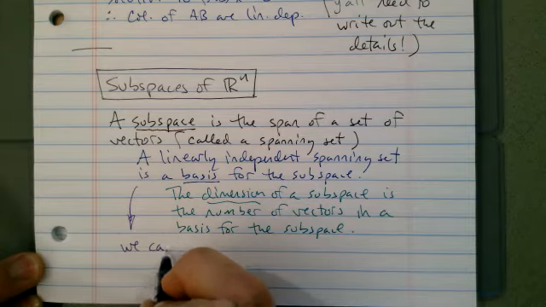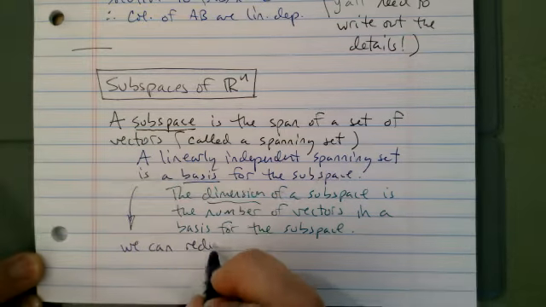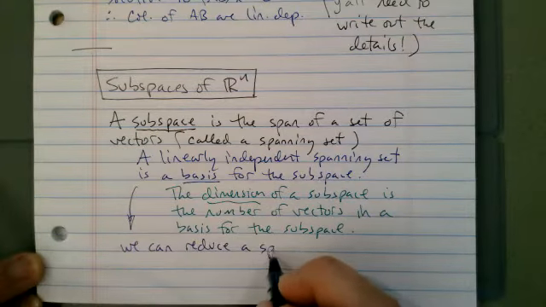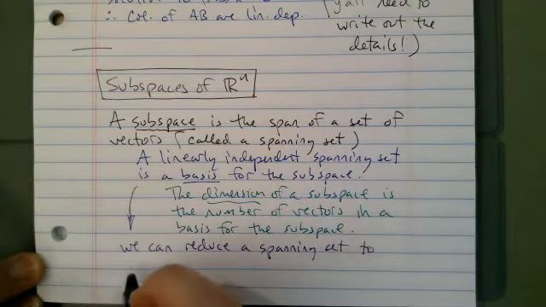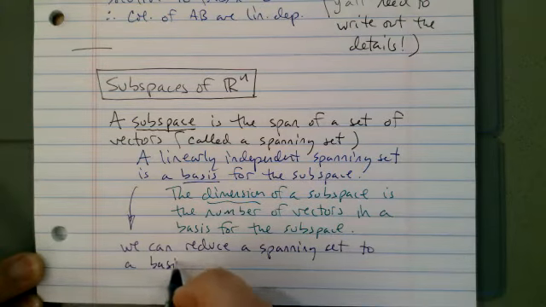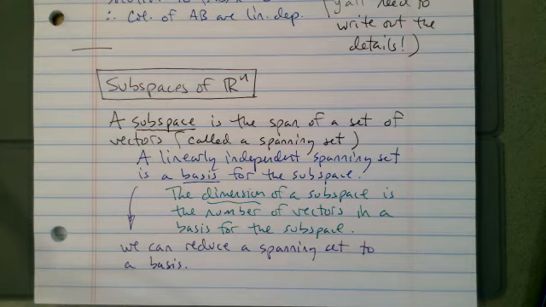We can always reduce a spanning set to a basis. So if we have 3 vectors in a spanning set, but the third vector is a combination of the first 2, get rid of that vector, and those first 2 vectors will form a basis for the subspace.